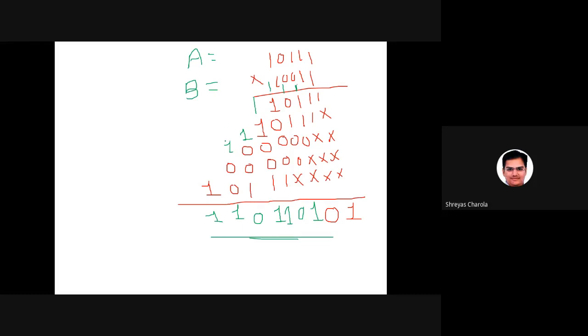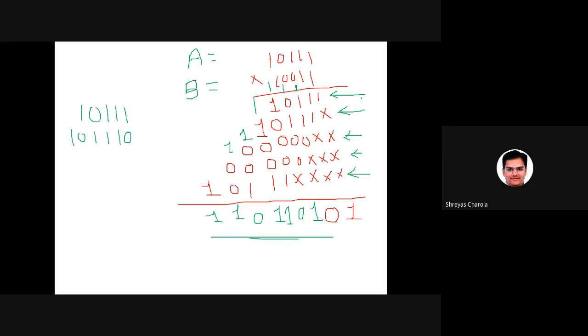A, correct. How? Suppose here when I got a 1, the number is 10111. Here again I got a 1, that means the number has been shifted: 10111 and a 0 has been added at the end. Are you getting it? For the 0, no shift.